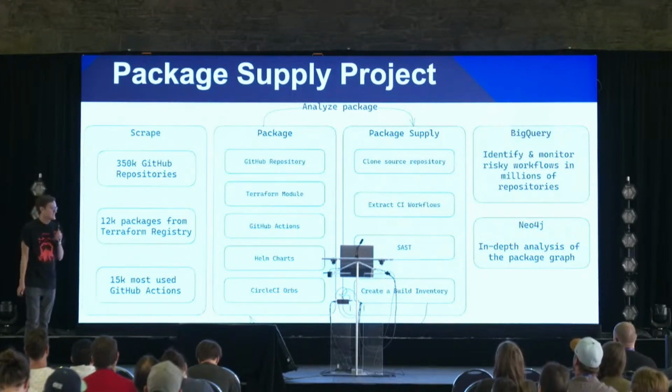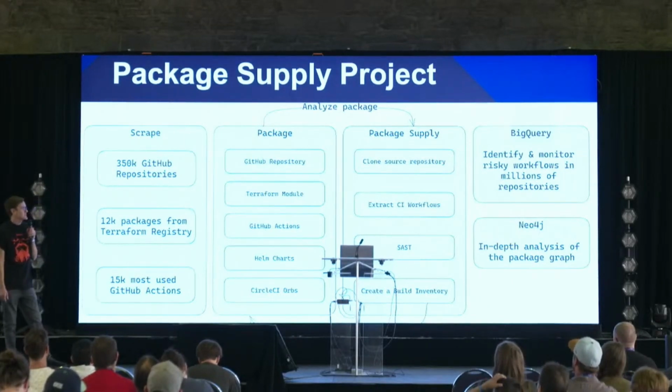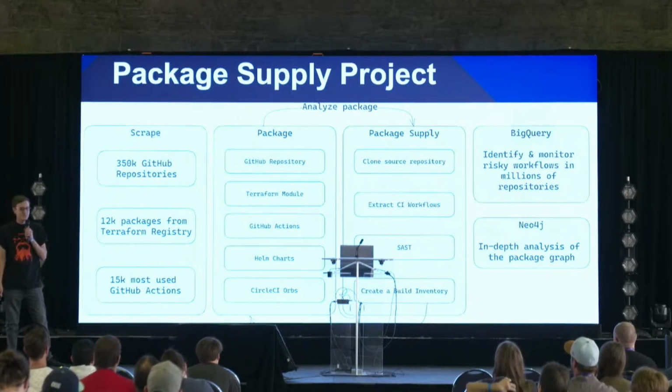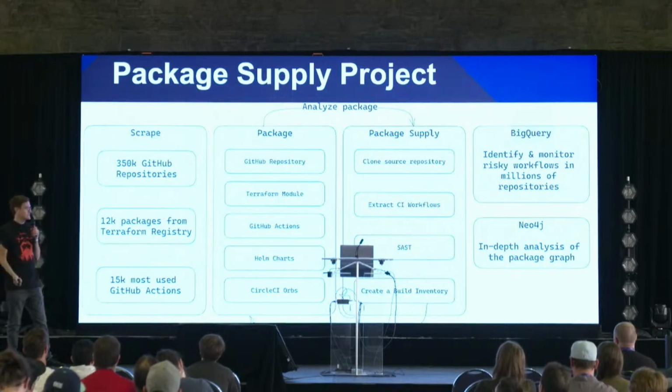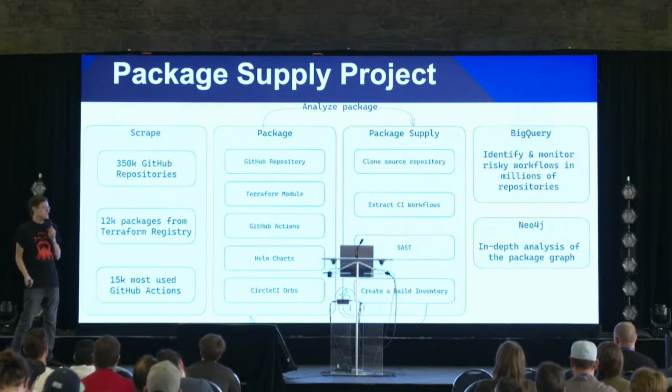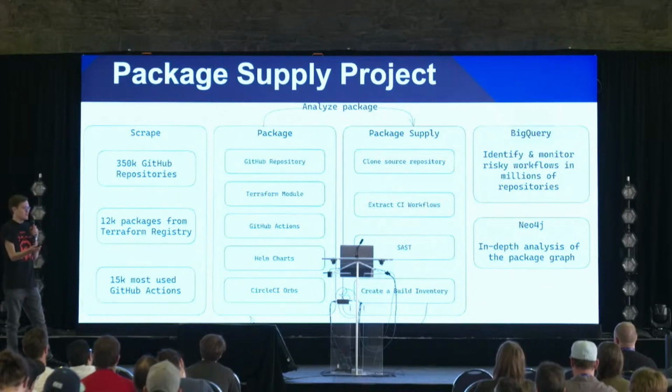So to make this happen, we created a project called Package Supply. And the goal of this project was to analyze the CI workflows of common open source packages that are not really used or tracked in SBOMs, they don't have CVEs attached, but they have a really critical role, such as GitHub Actions or Terraform modules, which you give generally your most powerful credentials to.